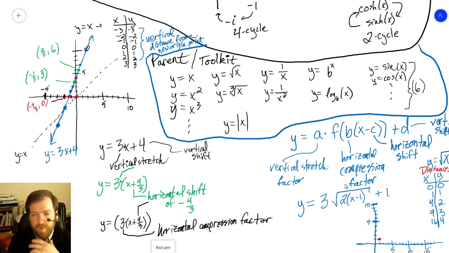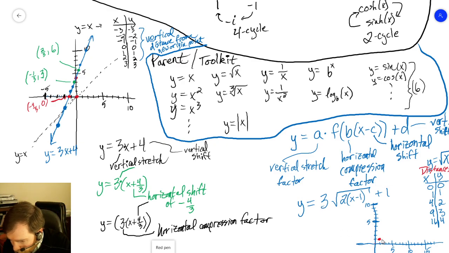So now it's only going to be a half away in the x direction, so 1.5. Then the y direction is being stretched by a factor of 3. So now it's a half by 3. So over a half up 3 is going to get us to here, 1.5 comma 4.